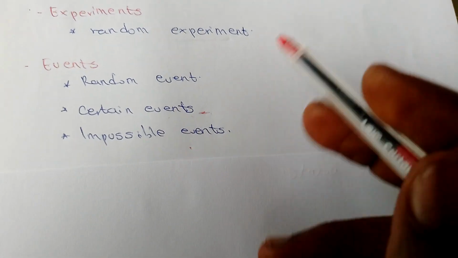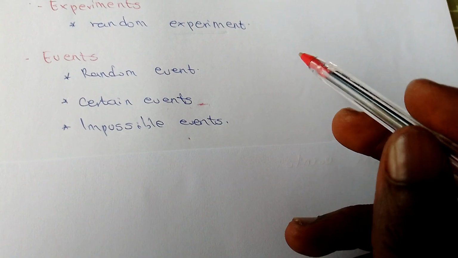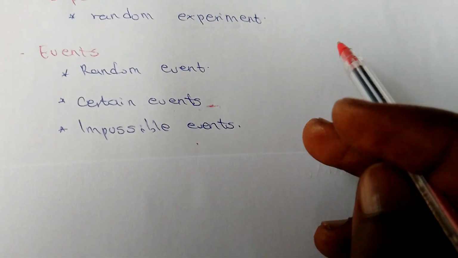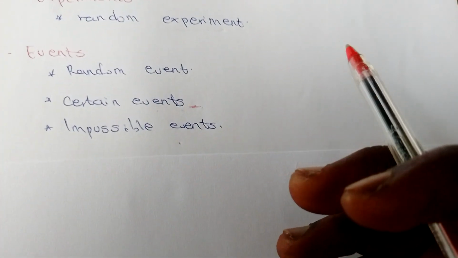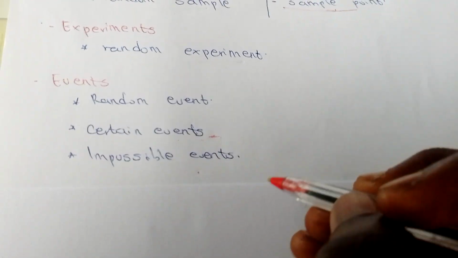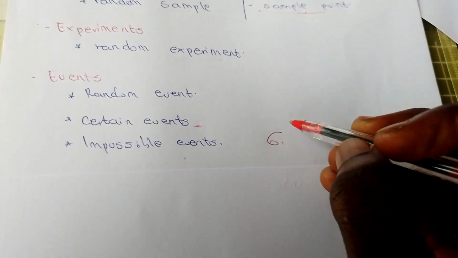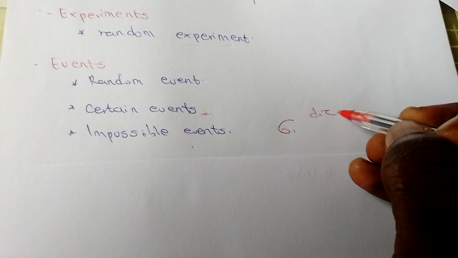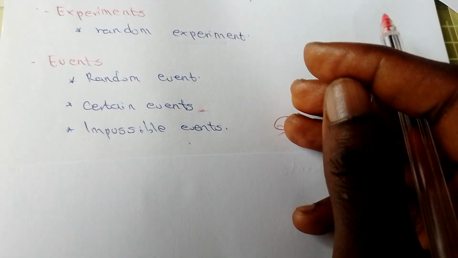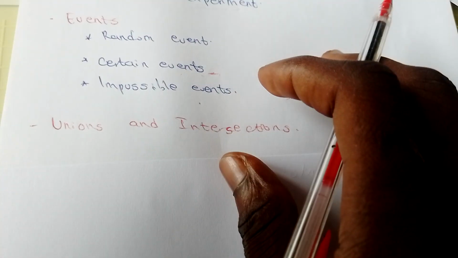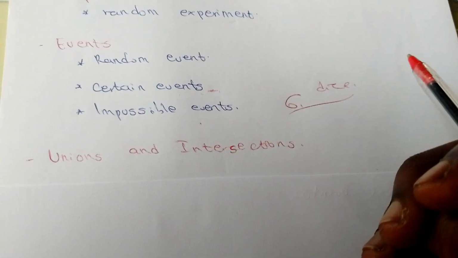Now, with impossible events, let's say, things that cannot just happen. So you can't toss a coin and expect to get six, right? From a die. It's just not possible. If you toss a coin, you get results for a coin. So that's just what impossible events mean.